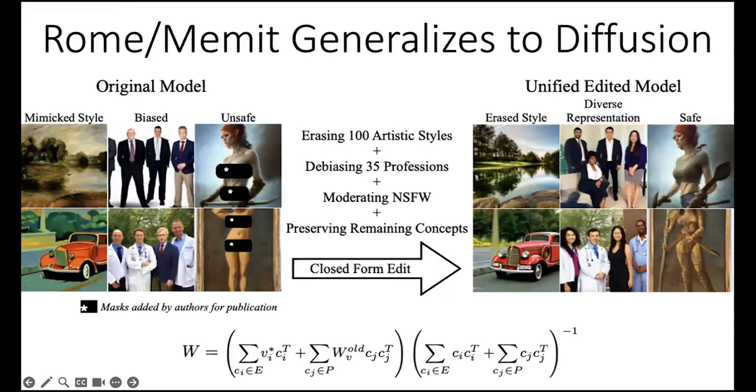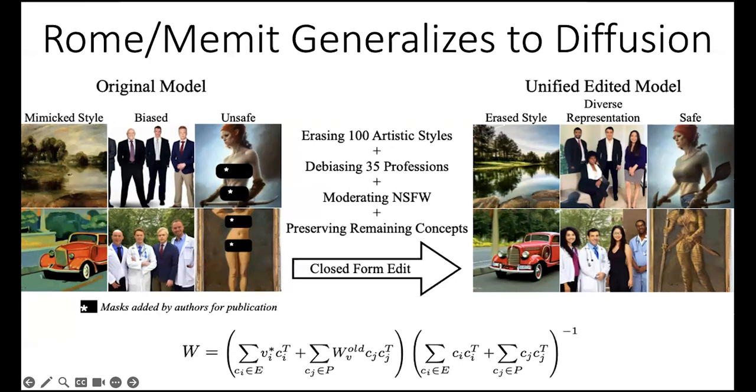And one of the interesting places this performs well is diffusion models, where you have the same kind of issue with lots of undesirable behavior, like the way that they imitate artists that you don't want to imitate, or generate porn when you don't want to generate porn. They have really serious societal biases where they think that all doctors and CEOs are white and male.